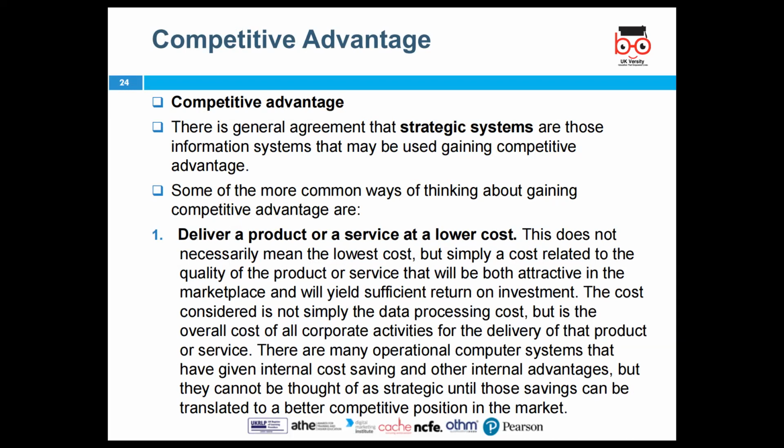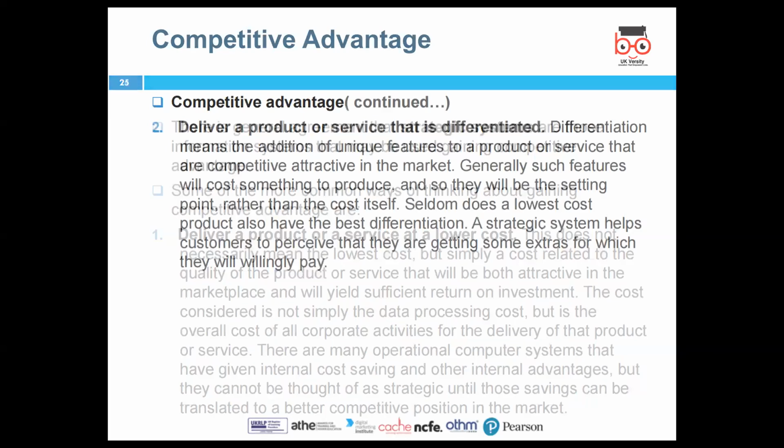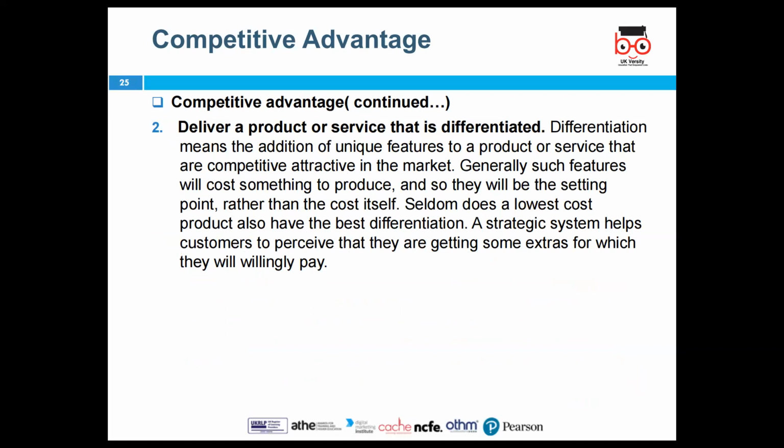It is a general agreement that strategic systems are those information systems that might be used to gain competitive advantage. So more common ways of thinking about gaining competitive advantage could be delivering a product or service at a lower cost, or delivering a product or service that is differentiated.